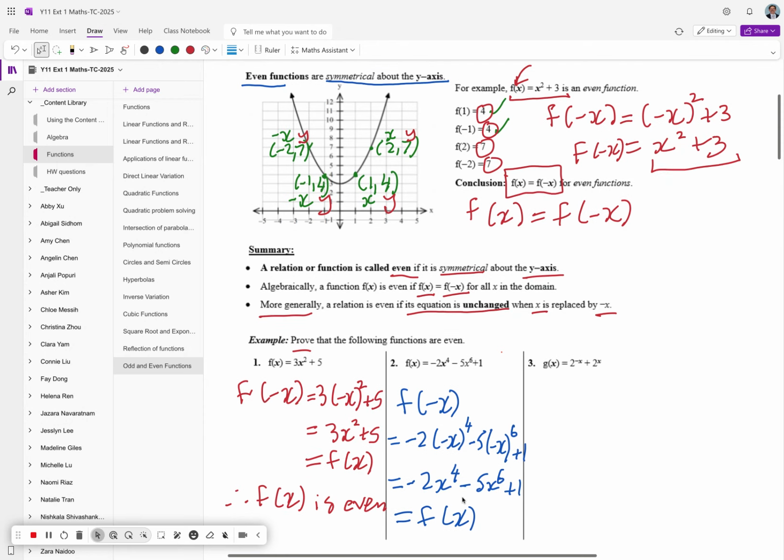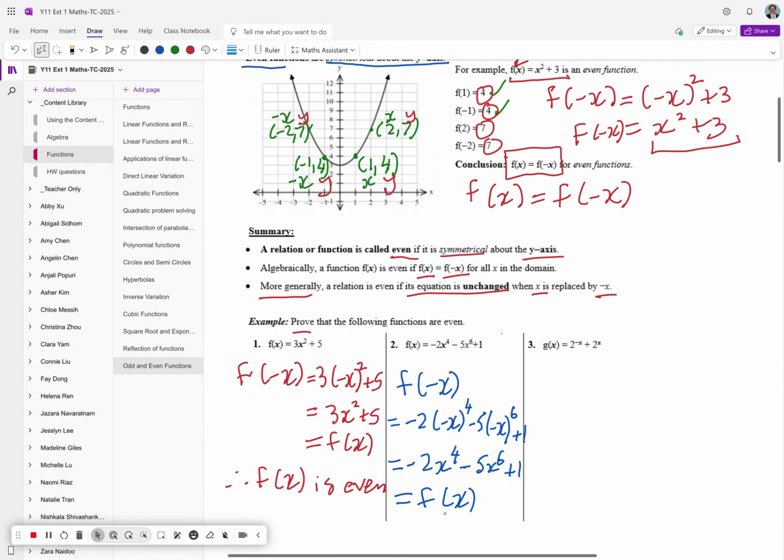Right? So because of that relationship, we can say therefore f of x is even. Alright, so you can see there's our original expression. There it is. And if you end up with the same expression after putting minus x in for x, then you can say f of x is even.